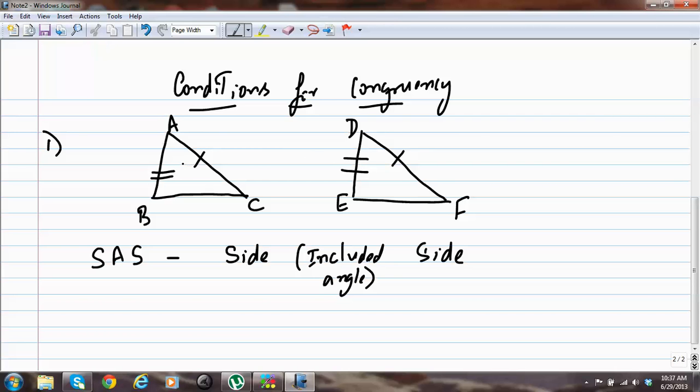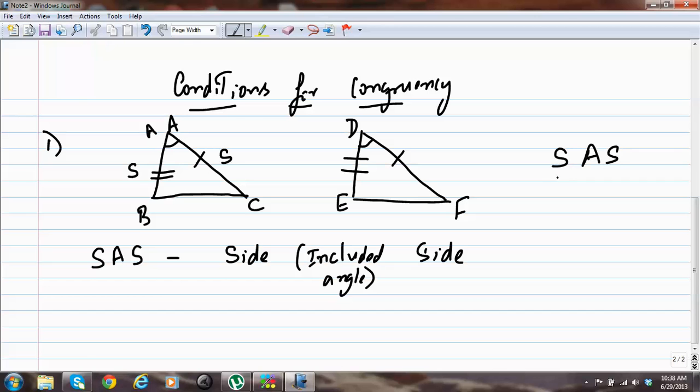What is the angle included between these two? AB and AC includes an angle A, so I call this SAS. Similarly, angle D is included between DE and DF. So I can say that these two triangles are congruent by SAS.